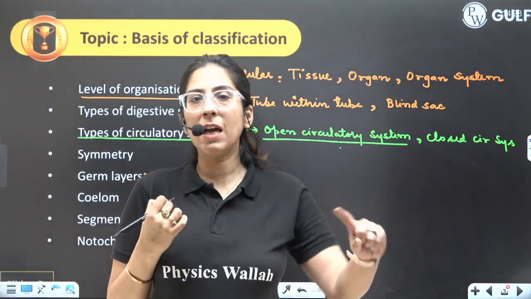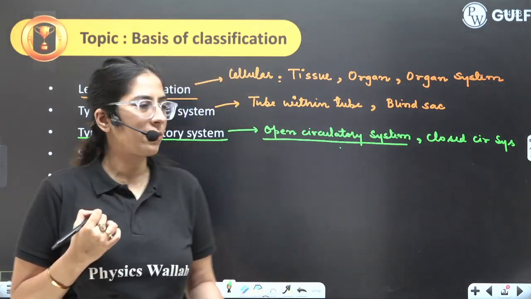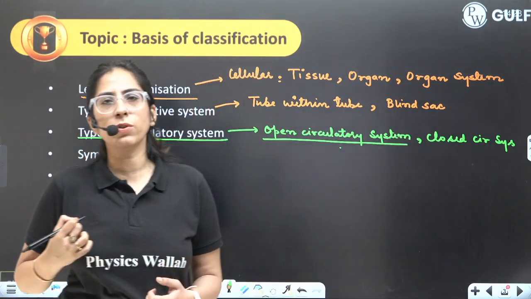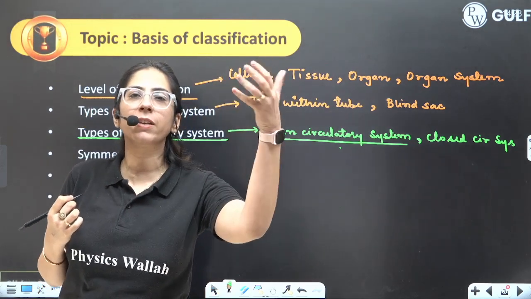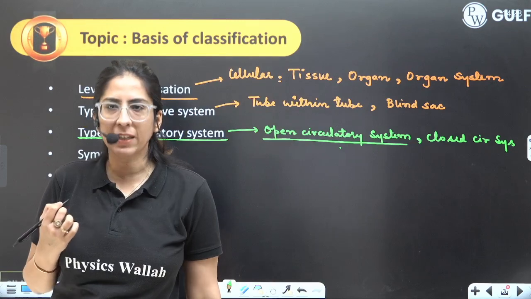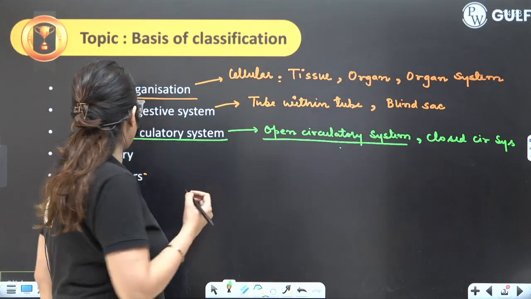Examples are arthropods and mollusks, whereas the rest have the closed circulatory system, because specific canals, or you can say pipes, are present, like arteries, veins, and capillaries, in which the blood flows.